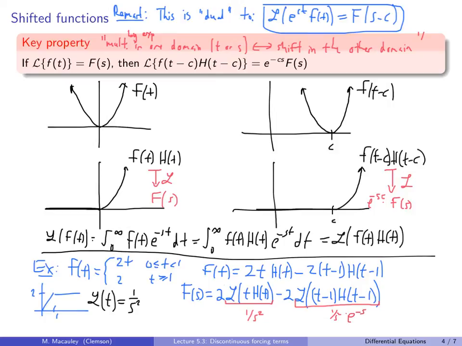And let's not forget our 2. So this is 2 over s squared minus 2 over s squared times e to the minus s. And so that is the Laplace transform of this thing.